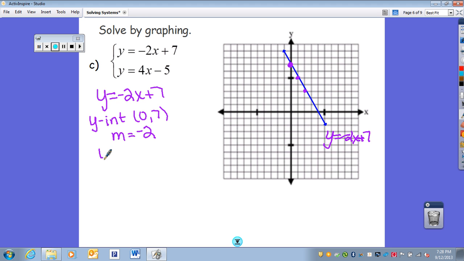In the next example, I have y equals 4x minus 5. My y-intercept is at 0, negative 5, and my slope is positive 4. So I will put the point on the coordinate grid at 0, negative 5. My slope is up 4 and over 1, up 4 and over 1.